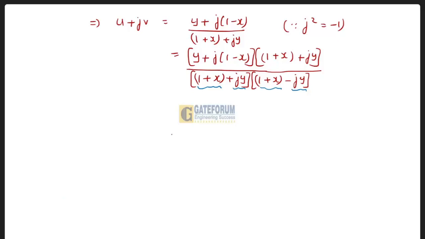So, first collect the real part, that is the terms not containing j: y into (1 plus x), and here second term into second term, j square value minus 1, so minus of (1 minus x) into y. This is the real part.